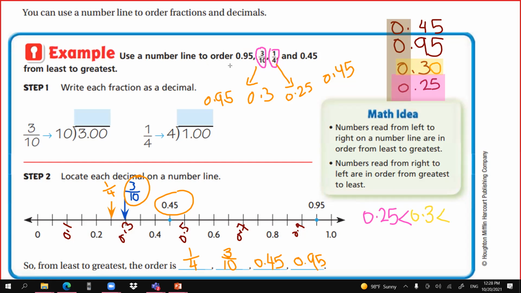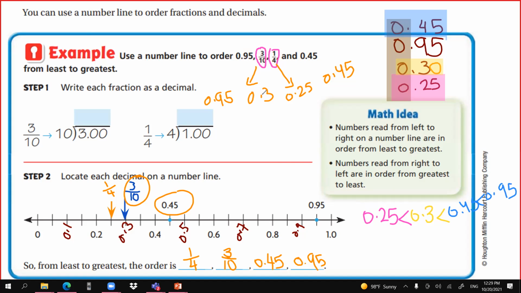Then next. 0.45, bravo. So here now, we have then 0.45, then 0.95. You can use this way, or you can use the number line in order to order the numbers.